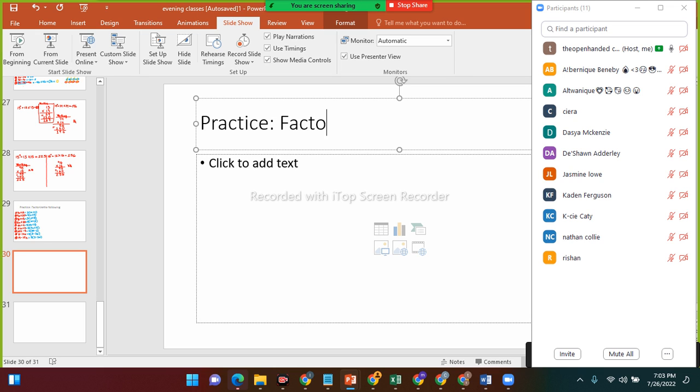Factorize the following. You should be able to write all of your timetables from 1 to 12 in 5 minutes or less. That's what I used to do with my students in school. Give them 5 minutes to write their timetables. Very few students are able to write all in 5 minutes or less.